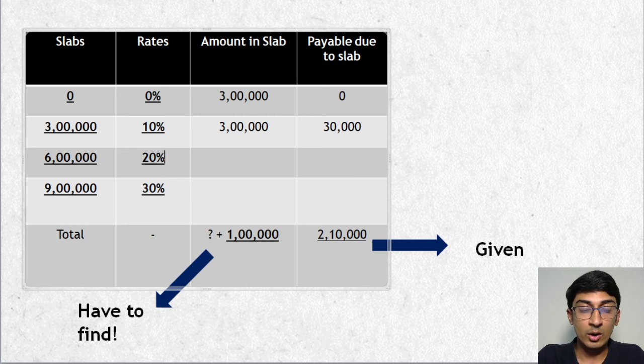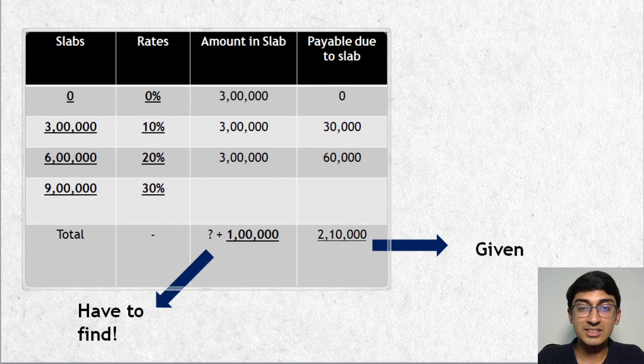Now in the third slab, again the slab size is 3 lakhs, and the maximum I can pay is 60,000, because 20% of 3 lakh is 60,000.